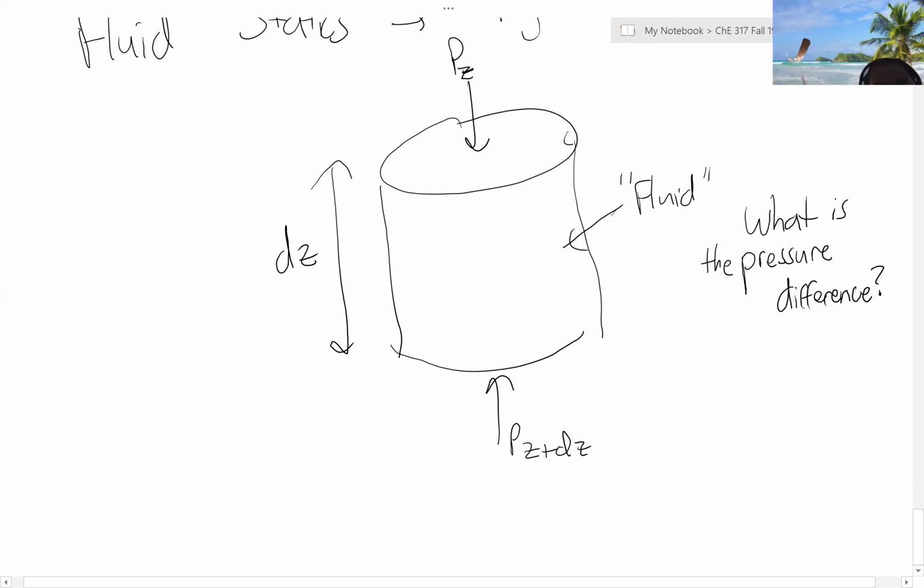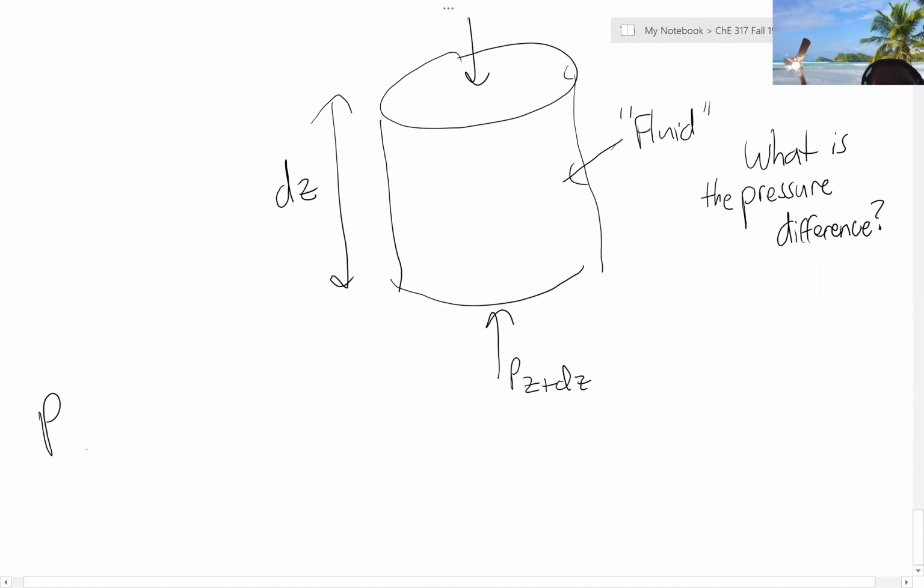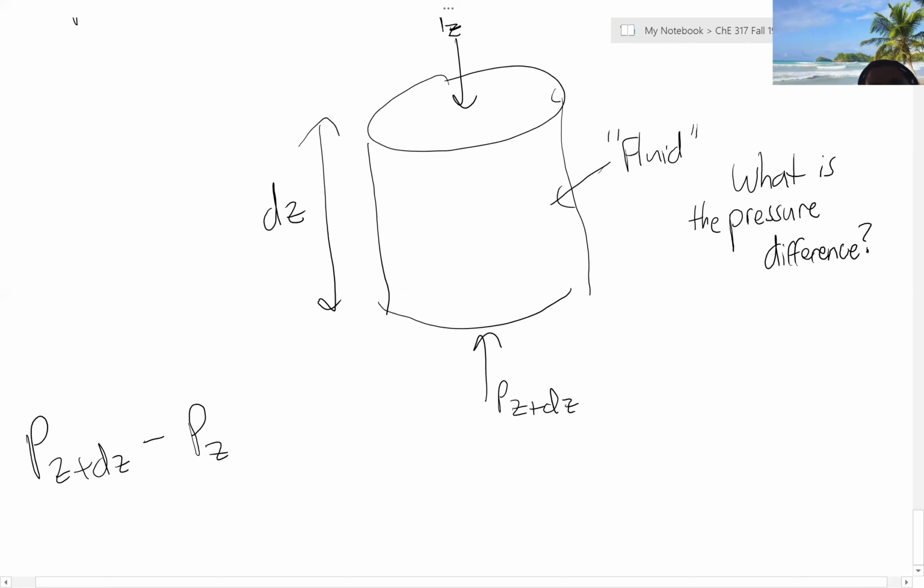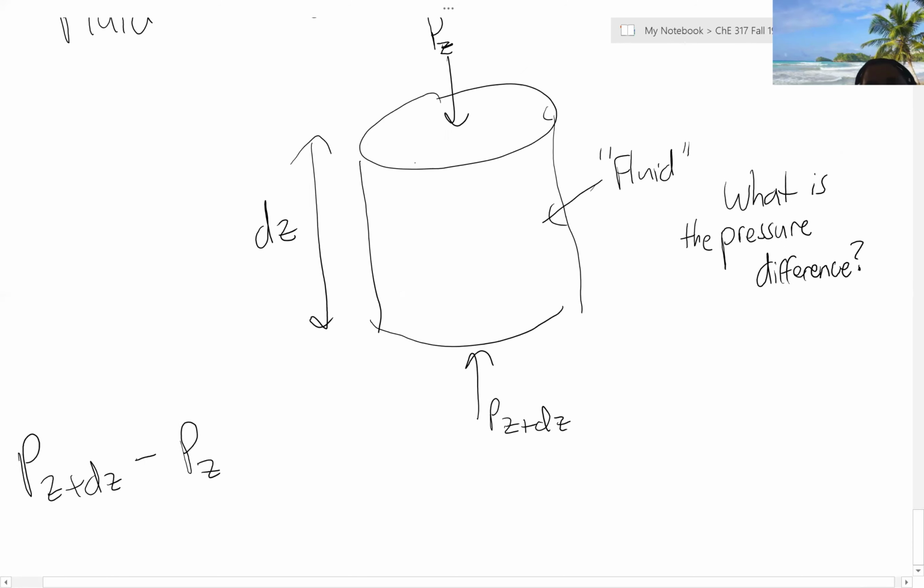Well, I'm looking for P sub z plus dz minus P sub z. Well, the difference in that pressure is going to be essentially the force of the fluid, which in this case would be the weight of the fluid, over the area upon which it acts.